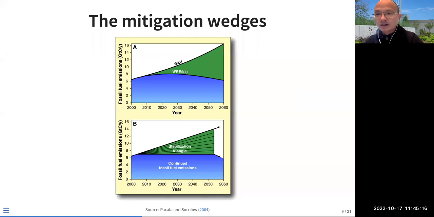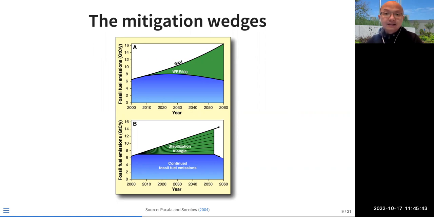There has been an evolution of the policy community and research community, and how we think about those challenges. One of the famous papers is by Pacala and Socolow, both professors at Princeton University. They published this highly cited paper, the mitigation wedges.